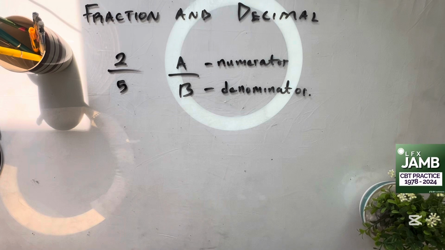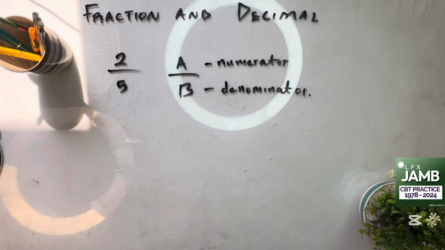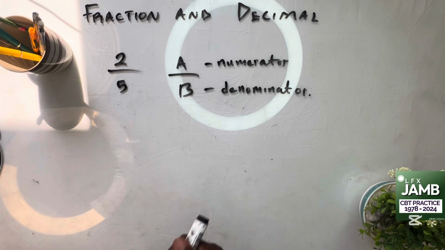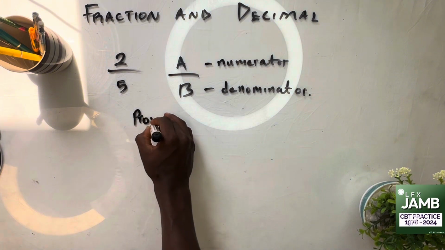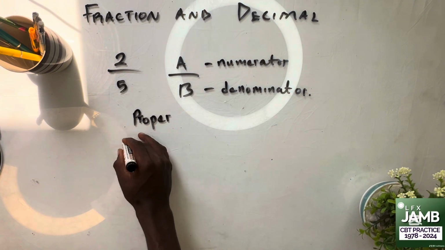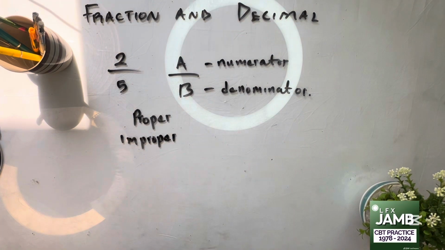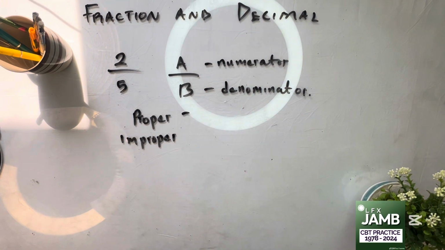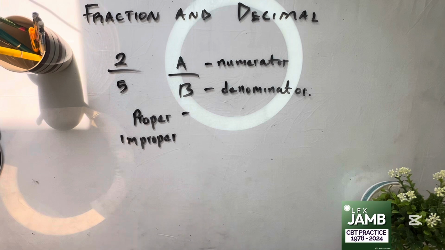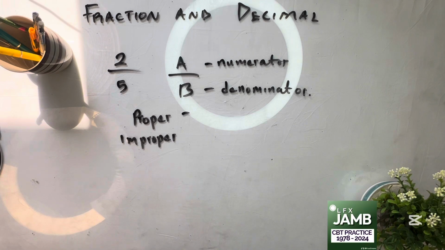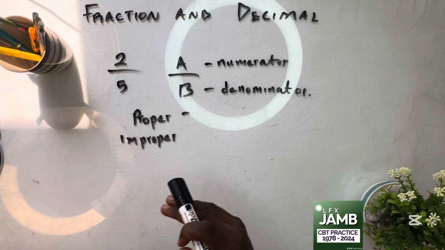Now, we have several types of fractions. We have the proper fraction. We also have the improper fraction. The proper fraction is a type of fraction whereby the integer up is lower than the integer down, which is regarded as the denominator.